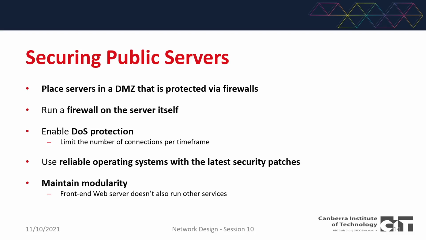Okay, these servers need to be in something called the DMZ. The DMZ is the demilitarized zone. It's a place in our network that is not completely protected. Okay, it doesn't have the same rules that we have in our private network. In our private network, we don't want to allow anybody from the outside world, anybody coming from the internet, to access any resources.